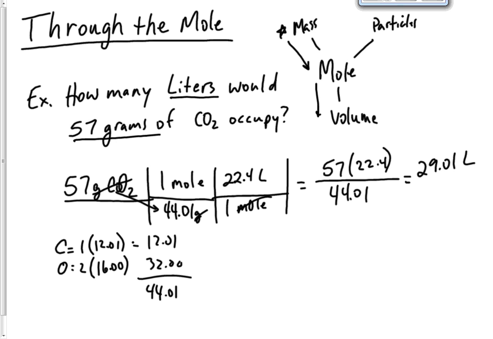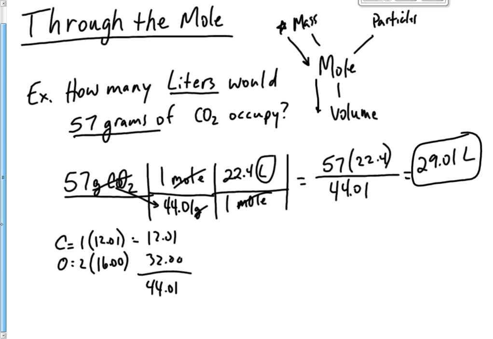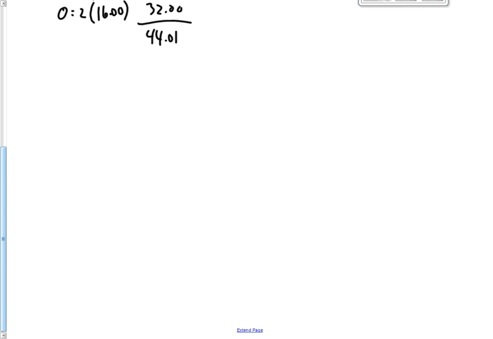Our moles divide out, and we are left with liters, which is what we're asked for. So that's the gist of how to do a two-step problem. You take it a step at a time, and it's no different than what we learned in the previous sections. So let's do another one.